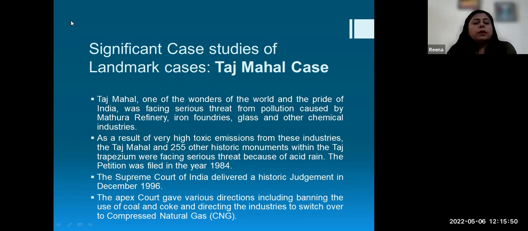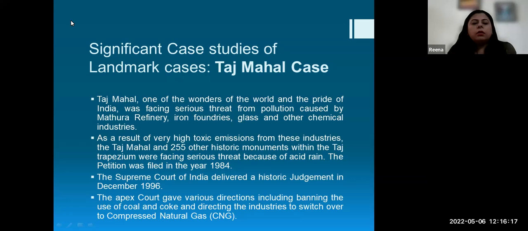They were facing threat due to high levels of acid when it used to rain in those areas. When rainwater has a pH of less than 4, it is called acid rain. The petition was filed in the year 1984.